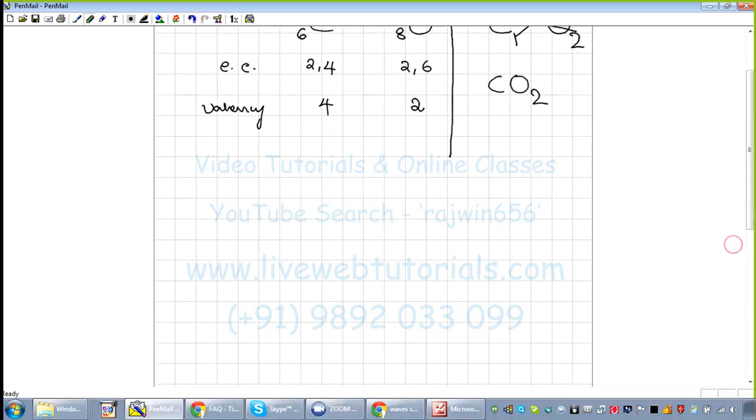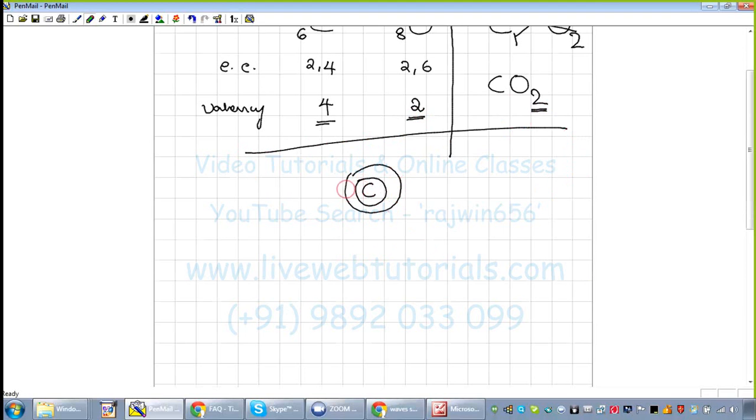See, carbon is sharing 4 of its electrons. Each oxygen atom is sharing 2 of its electrons. And how many such oxygen atoms are there? There are 2 oxygen atoms. So this can be shown like this in terms of bonds, in terms of the structure. Carbon nucleus first. On either side, we are going to have an oxygen atom.